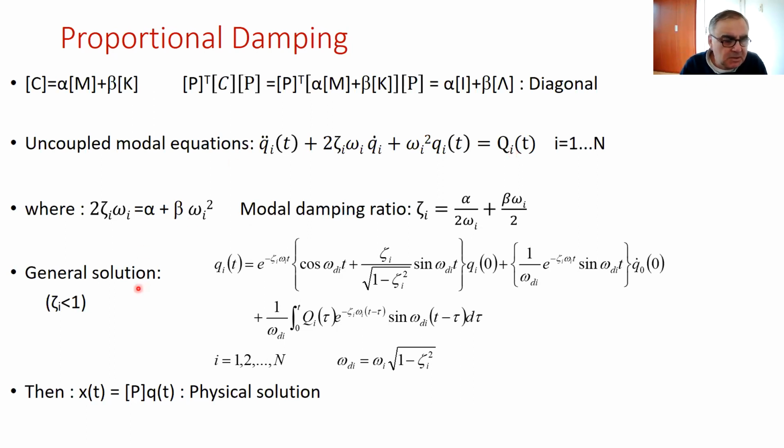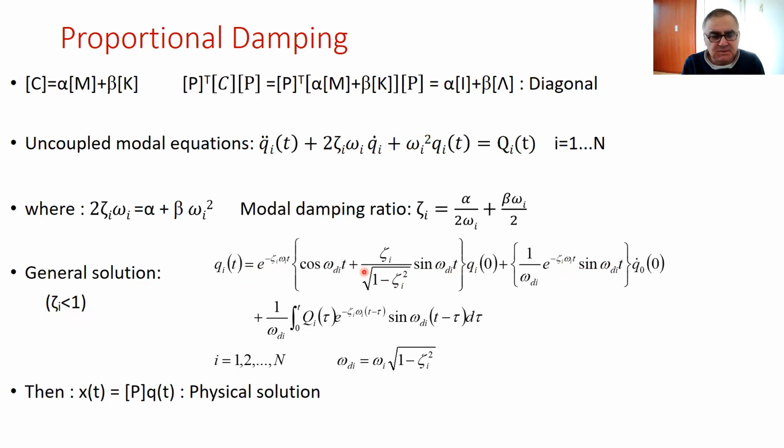By the way, another thing is that the solution I have written here is for the case of an underdamped system. Okay, so this solution contains sines and cosines. If zeta I is greater than 1, then you have exponential decays without oscillations.